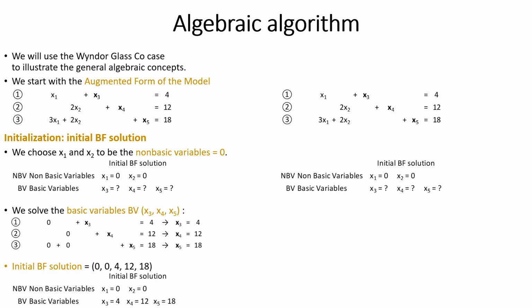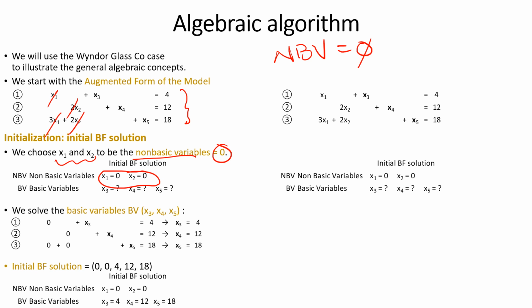So for the initialization, starting with this augmented model, we're going to be choosing x1 and x2 as the non-basic variables. Non-basic variables are always going to be equal to 0. So we choose them as being equal to 0, and then we can now solve the equations. This one becomes 0, so we have now that x3 equals 4, x4 equals 12, and x5 equals 18.